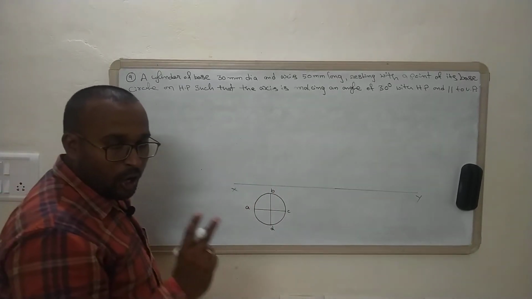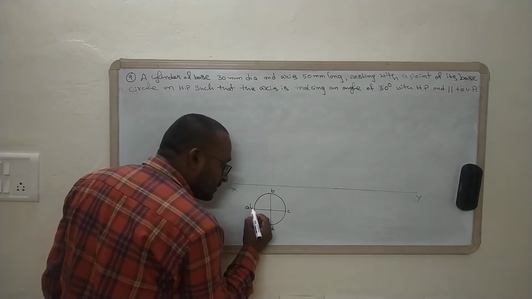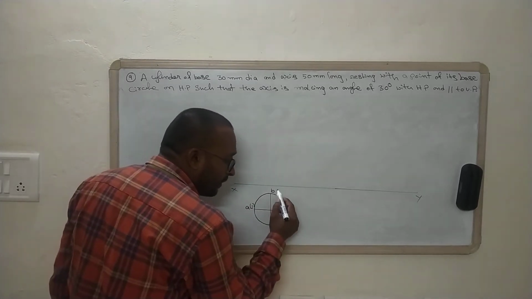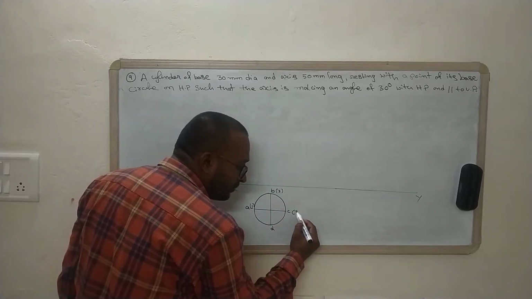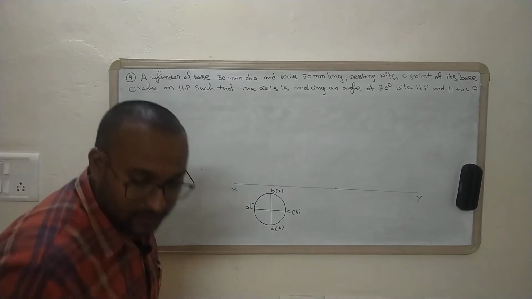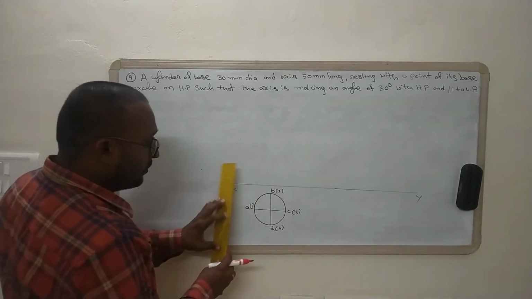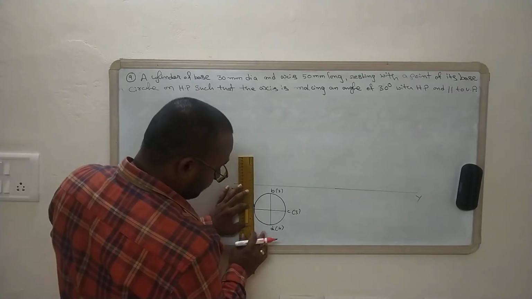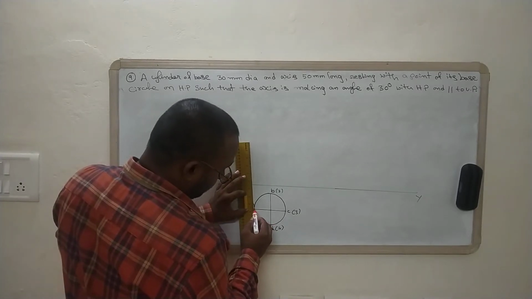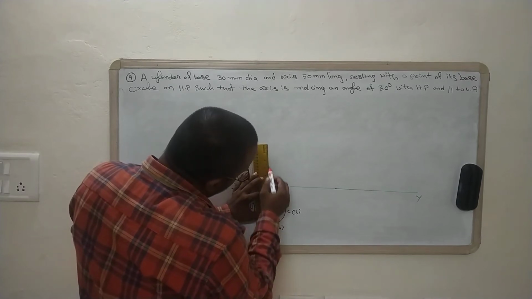On bottom and top we will have two circular surfaces. So here it is A of 1, B of 2, C of 3, D of 4. Then we need to project those points upwards to get the front view of the given problem.